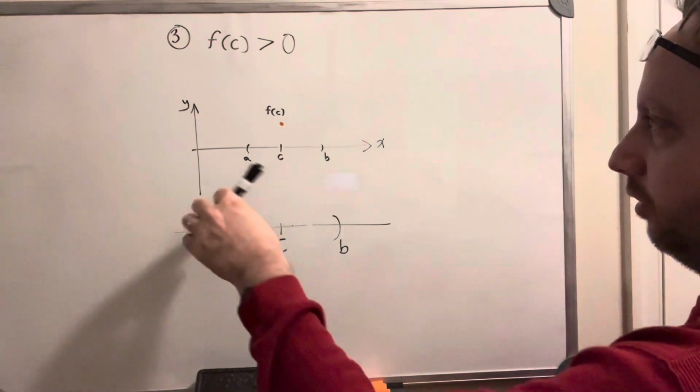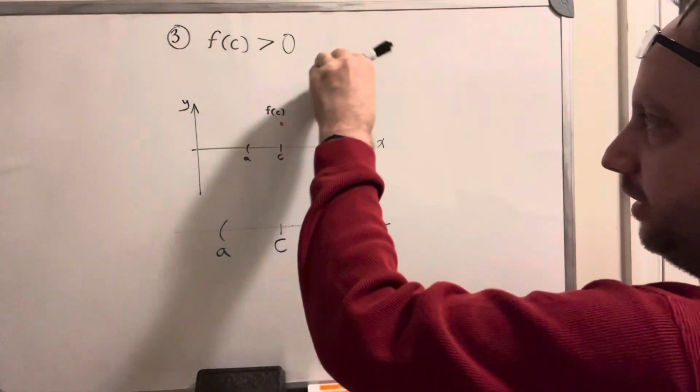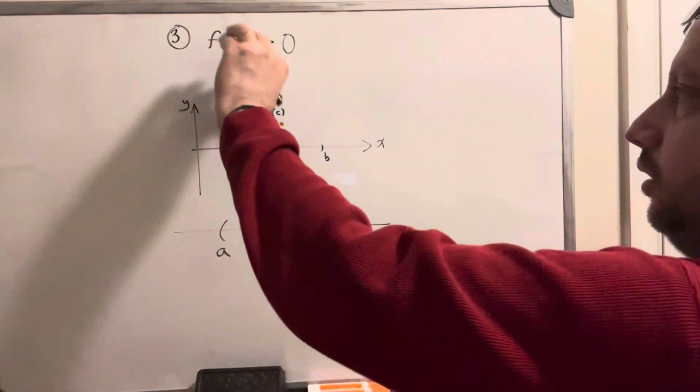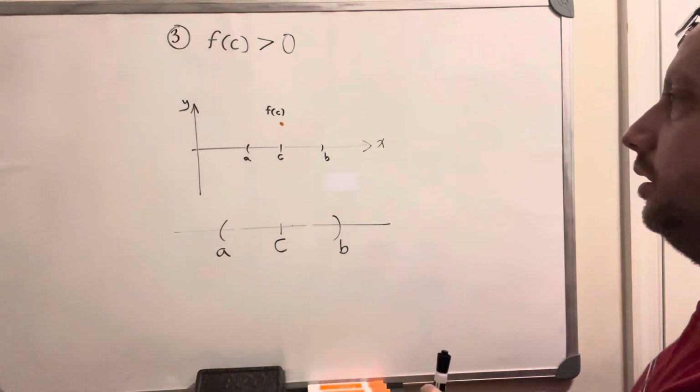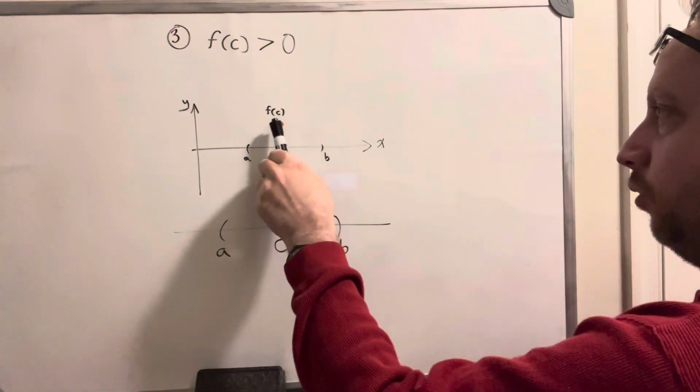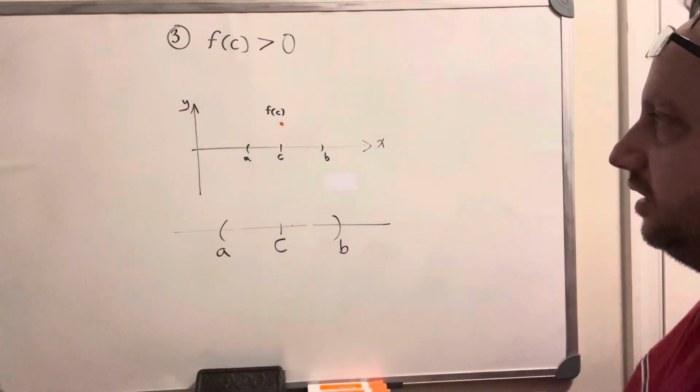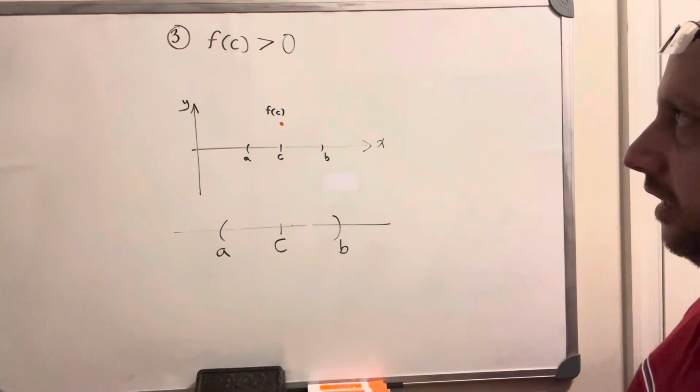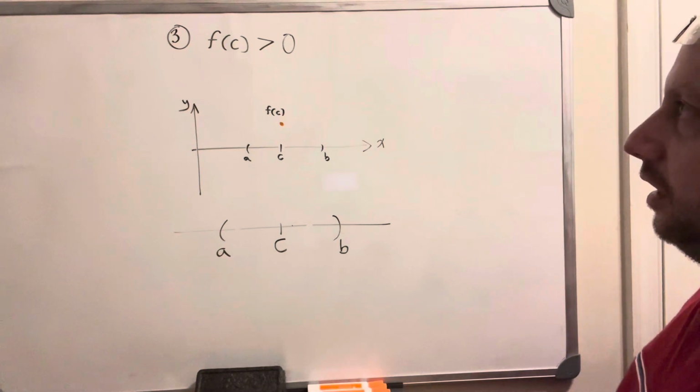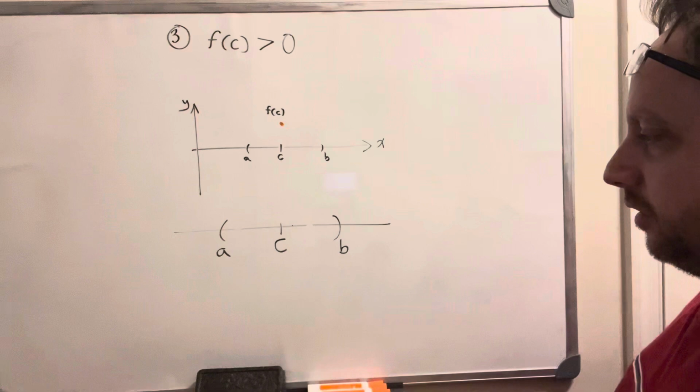When I complete drawing the function, it could go like this, or like this, or like this. But definitely at this one point, the value of the function at c is greater than 0.